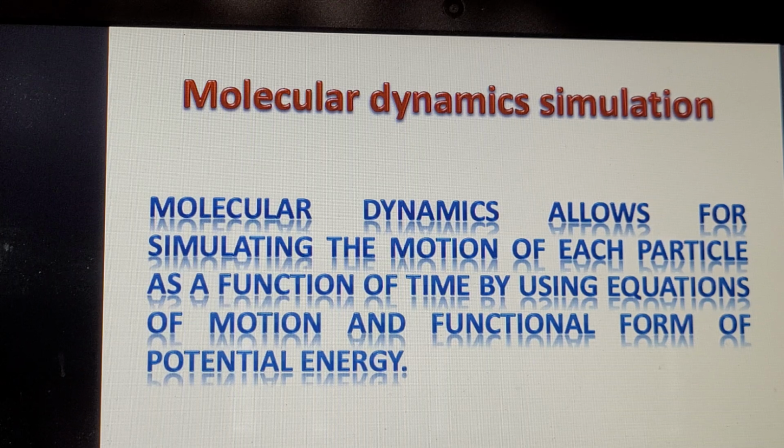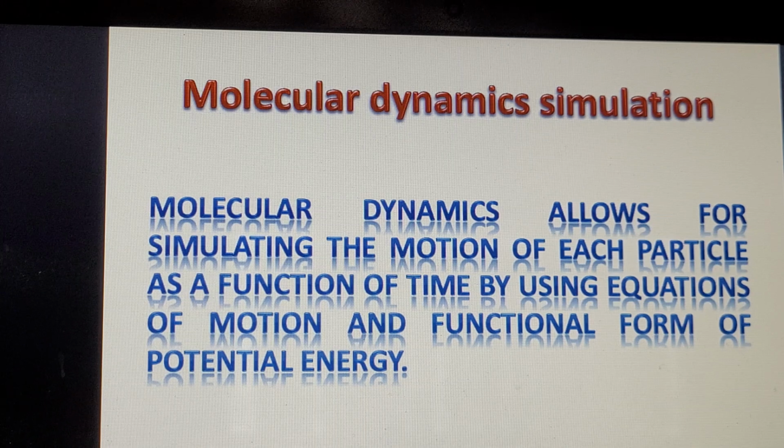Then you can simulate the dynamics of this collision and this interaction between these atoms, that could be the atoms of a gas or a liquid. So by using molecular dynamics simulation and classical physics laws, you can study your system.